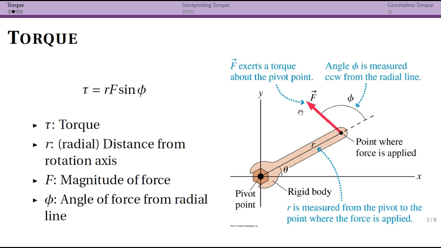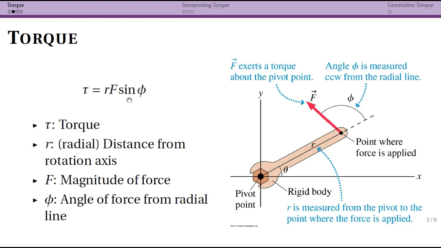So what that means is if your force is perfectly perpendicular, phi is 90. If you're pulling in a radial direction, that's 0, and sine of 0 is 0. So this is really complicated since it's a different angle than you're used to thinking about, and it's sine of that angle, sine of phi.